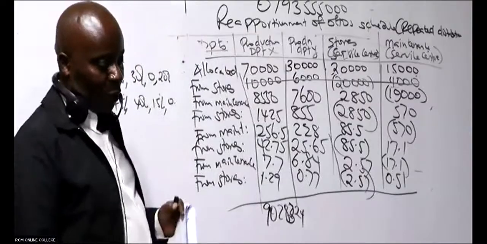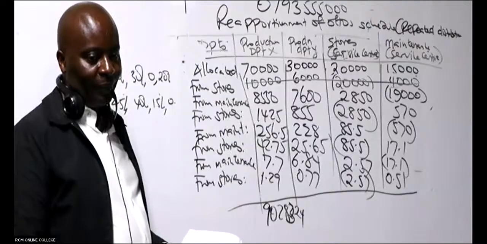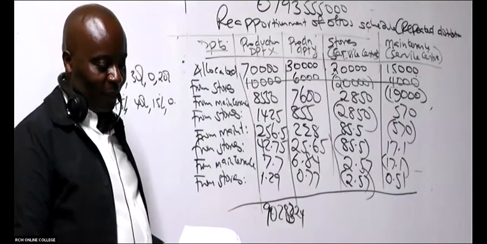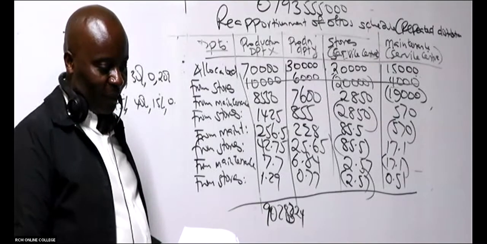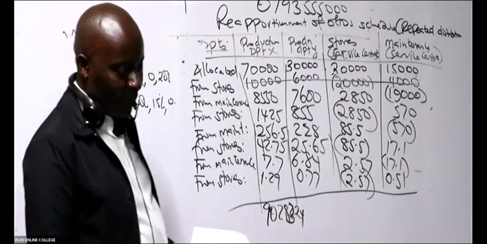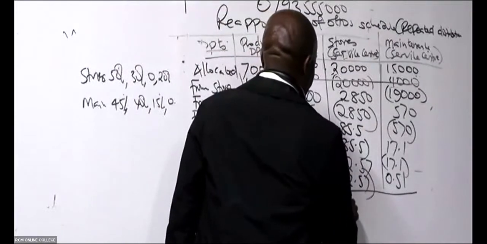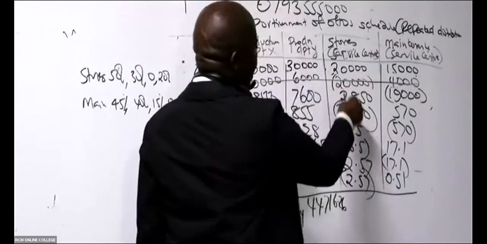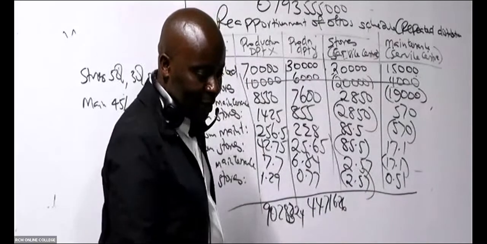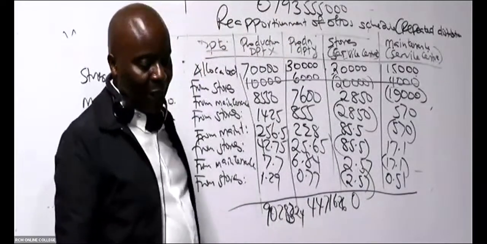How about production department Y? 44,716.26. How about service center? Service center is zero, eh? Zero. How about maintenance department?